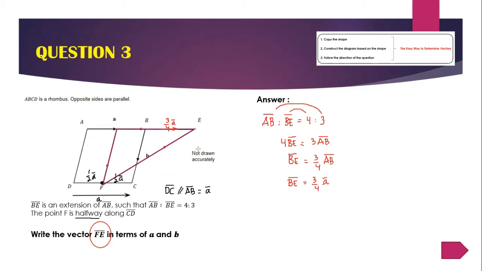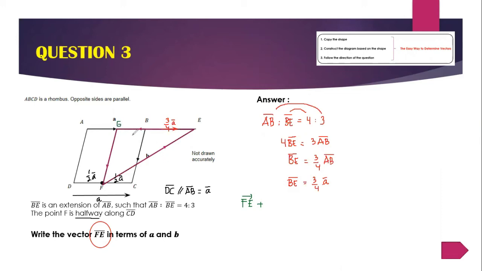Okay, students, we are going to write the vector based on the purple color, our construction. So vector FE plus, I think we have to write a new point here.